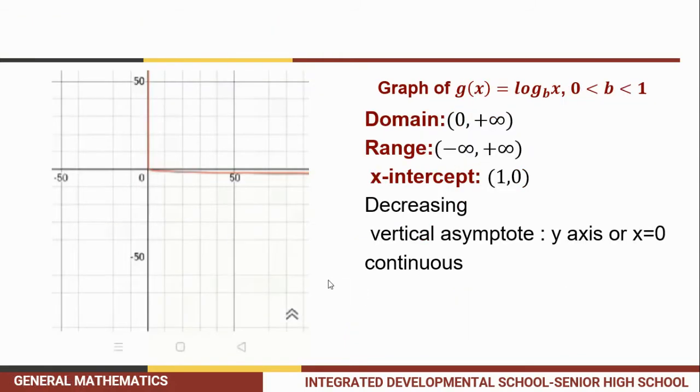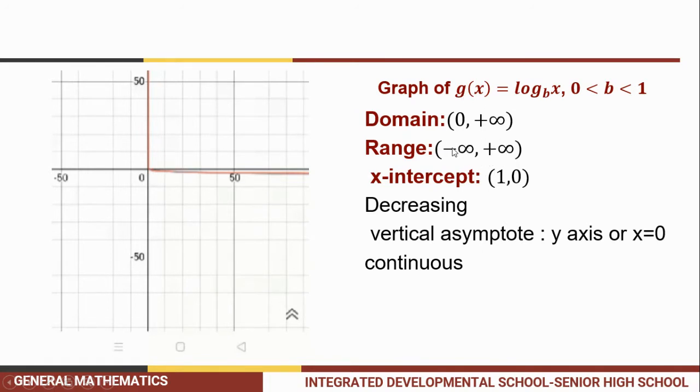Now let's have another function. Let's say we have log with base b of x. In this case, our base is between 0 and 1. For our domain, we have 0 to positive infinity based on the definition. For our range, any value of x within this domain results in 0, positive values, or negative values, or just the set of all real numbers.